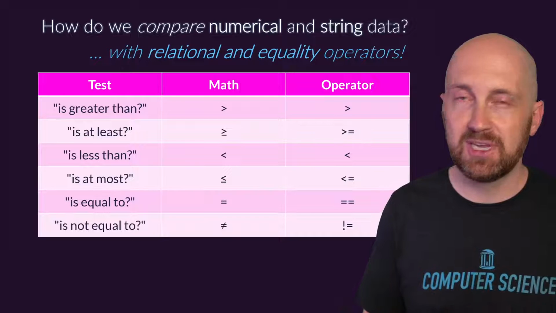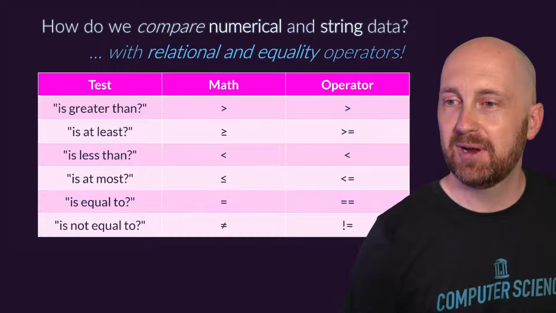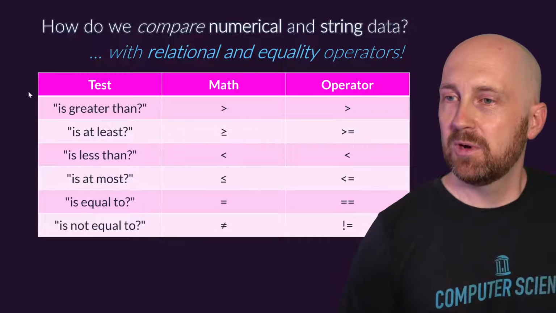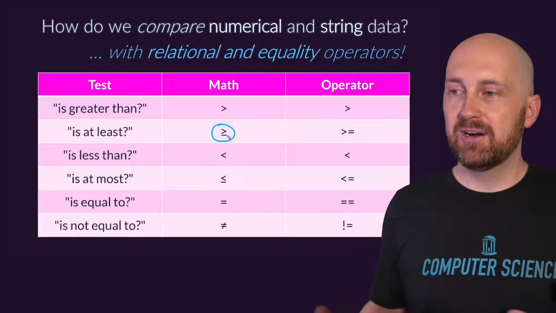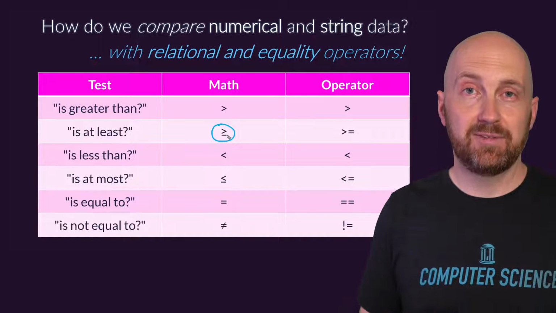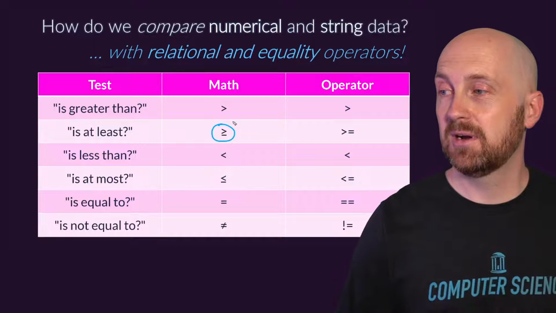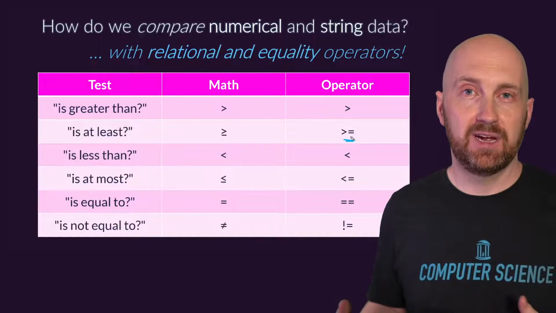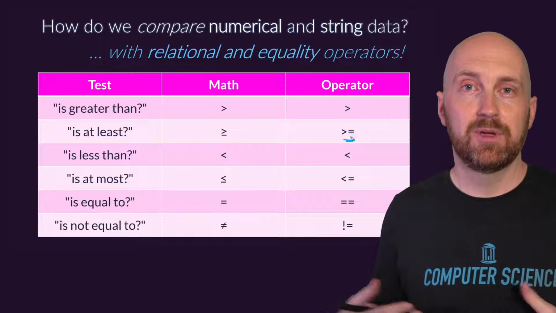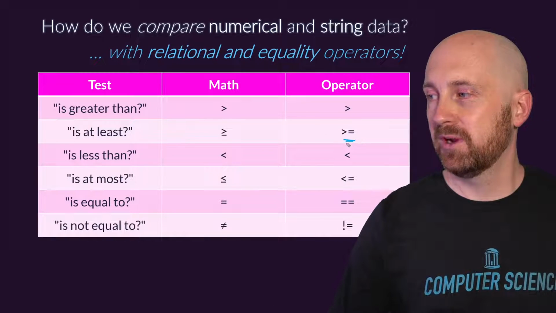You have to use special keyboard strokes in order to get the less than or equal to symbol you're used to in math. So what you're going to see is this symbol, greater than or equal to, where we ask whether one value is at least equal to, or equal to or greater than, some other value. We write those two symbols one after the other, greater than, equal. We read this as greater than or equal to when you see this symbol in your programs.